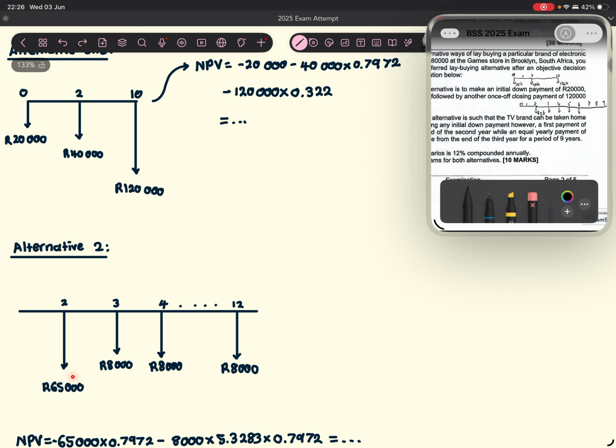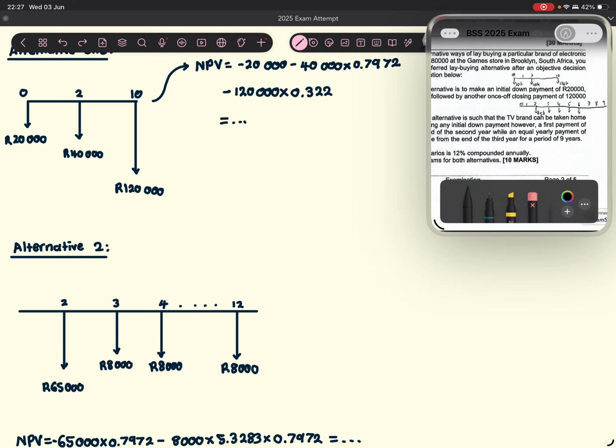For this one, 65,000 was paid in year 2, so it's 65,000 multiplied by the factor for year 2, and then you say a payment was made of 8,000 multiplied by the factor for year 3, 8,000 again multiplied by the factor for year 4, 8,000 again multiplied by the factor for year 5, and so on up until year 12.